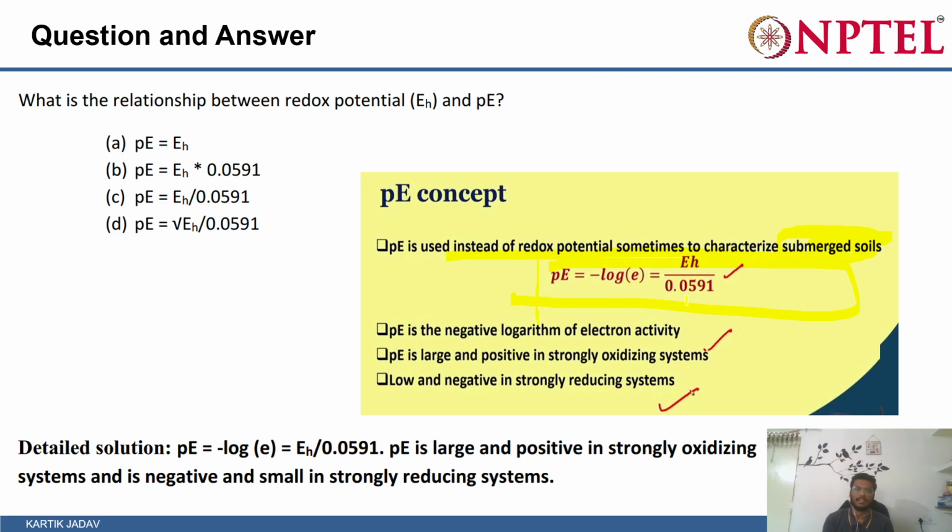So pE is the negative logarithm of electron activity. pE is large and positive in a strongly oxidized system, and low and negative in a strongly reducing system. The correct answer is option C. Right, pE is equal to Eh by 0.0591.